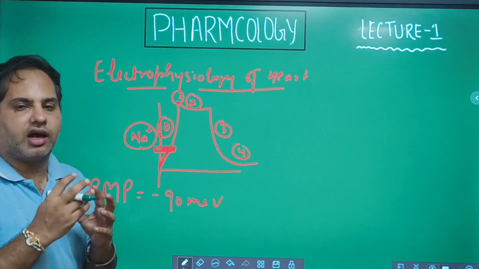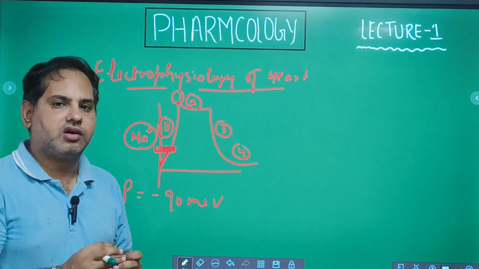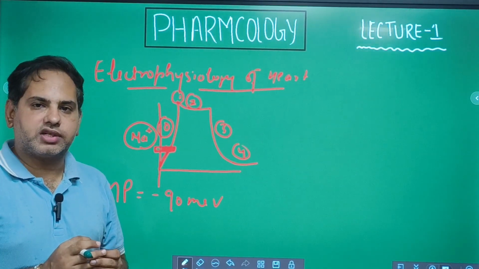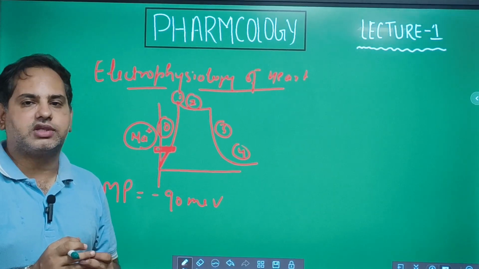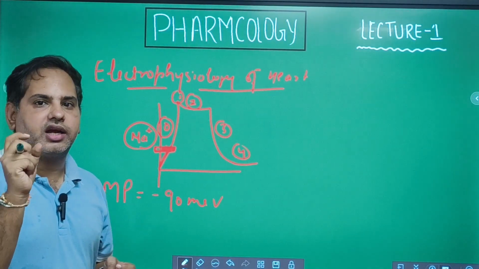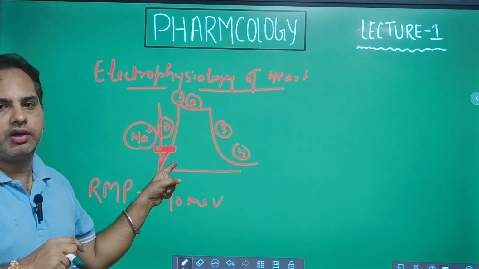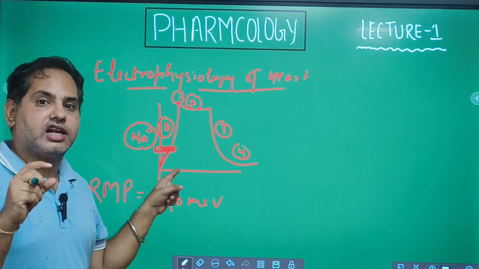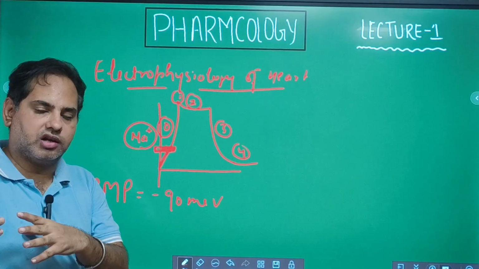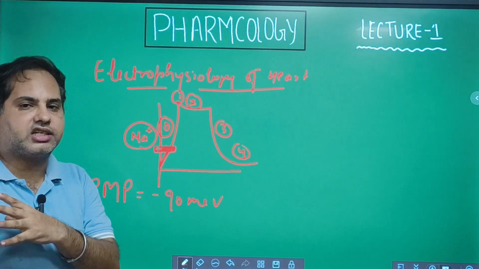Then other ion channels, the voltage gated sodium channels and voltage gated calcium channels, will open. As their name indicates, the channel will open only when the action potential reaches the threshold. That's why we call these voltage gated sodium channels and voltage gated calcium channels.